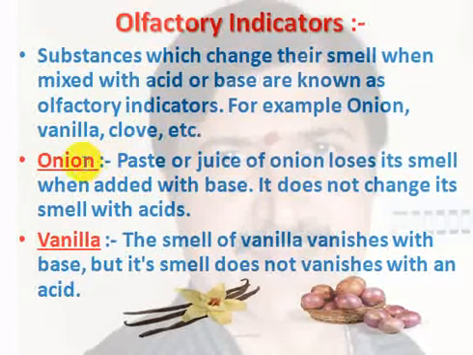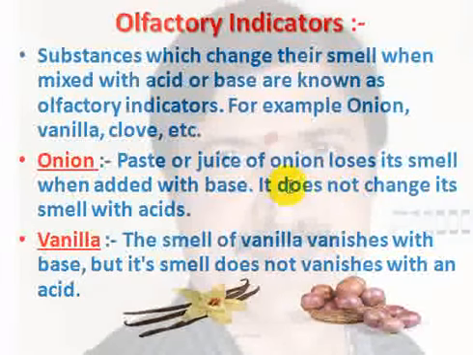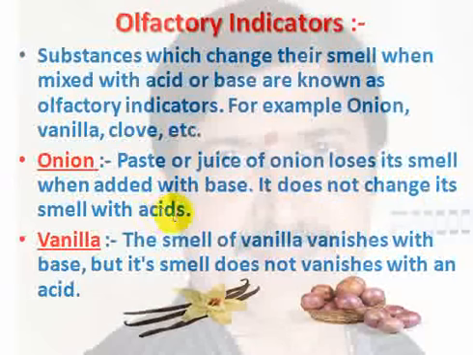Take onion in the form of paste or juice. It loses its smell when added to a base. If you add base to onion, the smell of onion disappears, it vanishes, but it does not change its smell with acid.